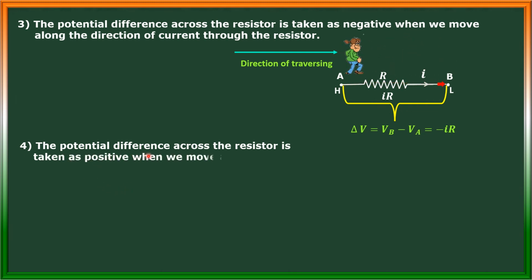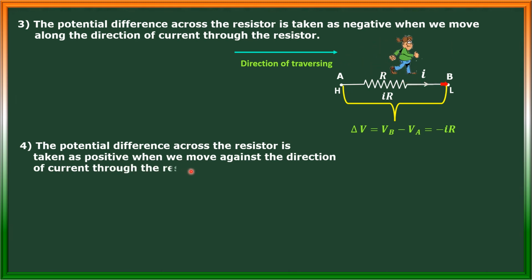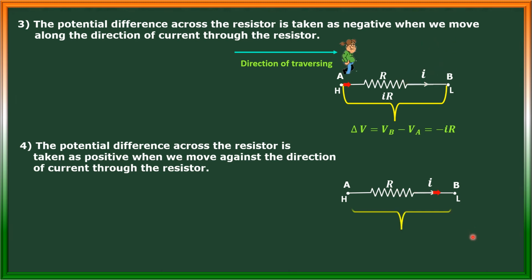And the fourth convention is opposite to this. The potential difference across the resistor is taken as positive when we move against the direction of the current through the resistor. You see here the same resistor. Here I am showing. So A is at higher potential and B is at lower potential, and the potential difference across the resistor is IR.